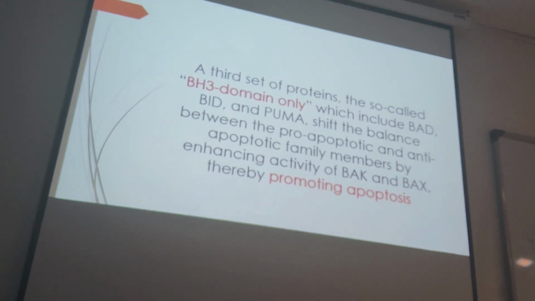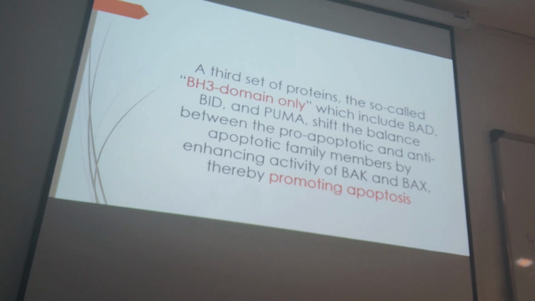Also, we have another group of proteins, a third set of proteins that we call BH3 domain only, or sometimes we call them BH3 proteins only, okay? They include BAD, BID, PUMA, okay?